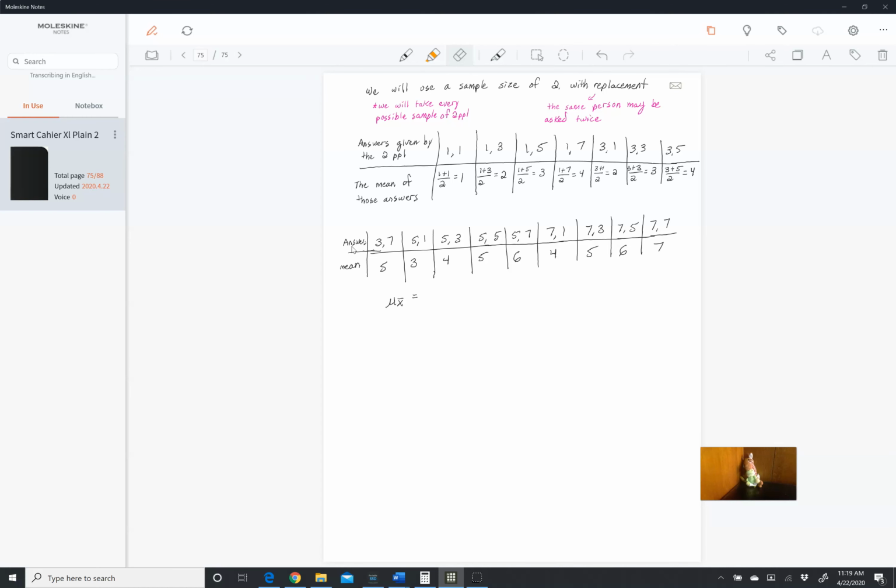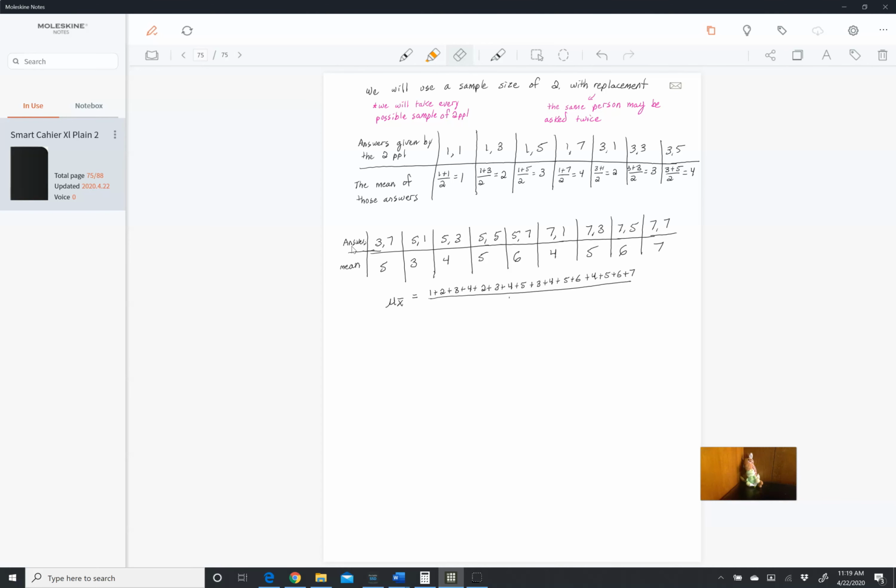So the mean of the sample means would be if we took 1 plus 2 plus 3 plus 4 plus 2 plus 3 plus 4 plus 5 plus 3 plus 4 plus 5 plus 6, and then plus 4 plus 5 plus 6 plus 7, and we divide it by 16.